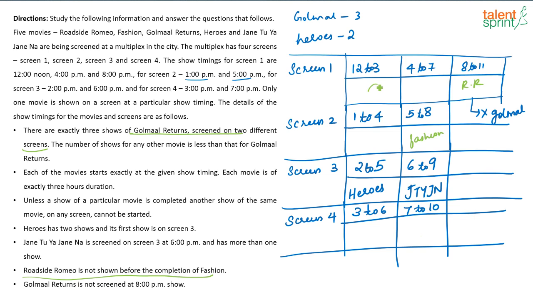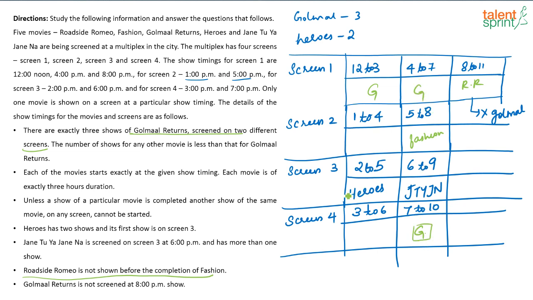Golmaal Returns. So either it has to be G, G, G here, or it can be G, G, this one. Whatever be the case, this G is getting filled anyway. This place is filled.